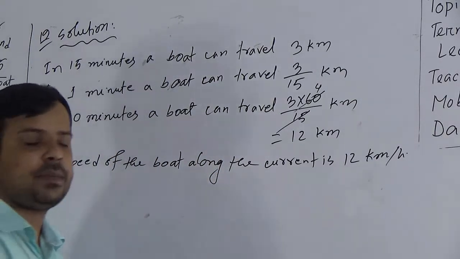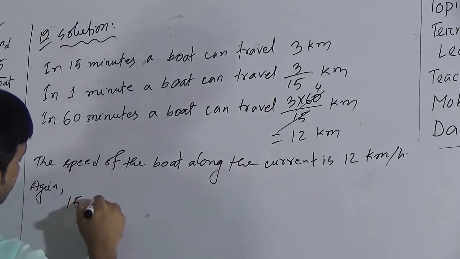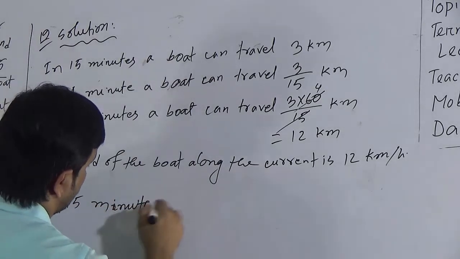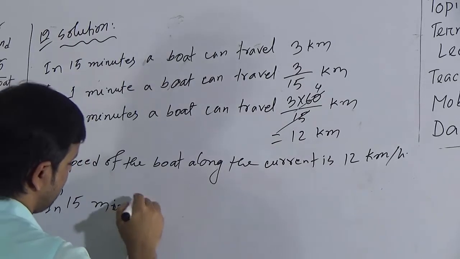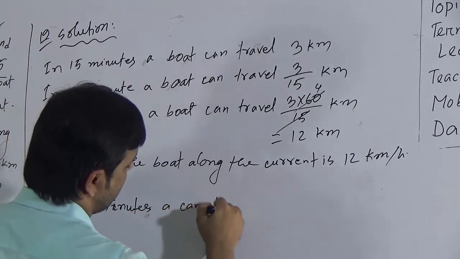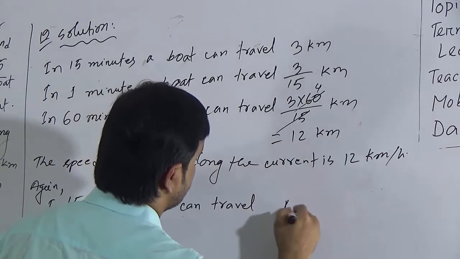Now we have to determine the speed of the boat against the current. So we can write here, again in 15 minutes a boat can travel 1 km.